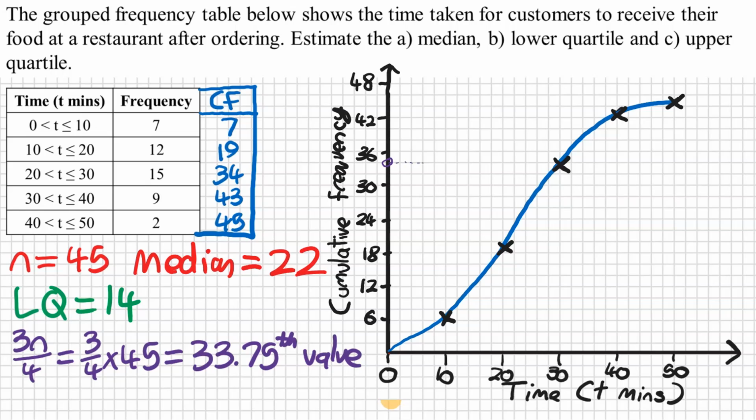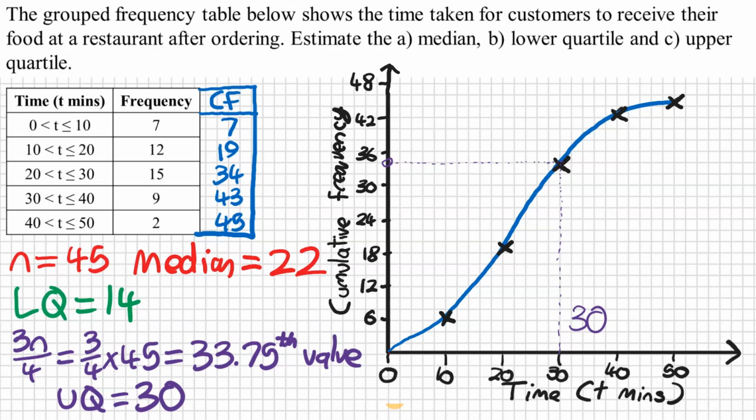Okay, so if we go across to the line and then we go down, it's about 30. So we're going to say that the upper quartile is 30, and that's how we estimate the median and the quartiles using a cumulative frequency graph.